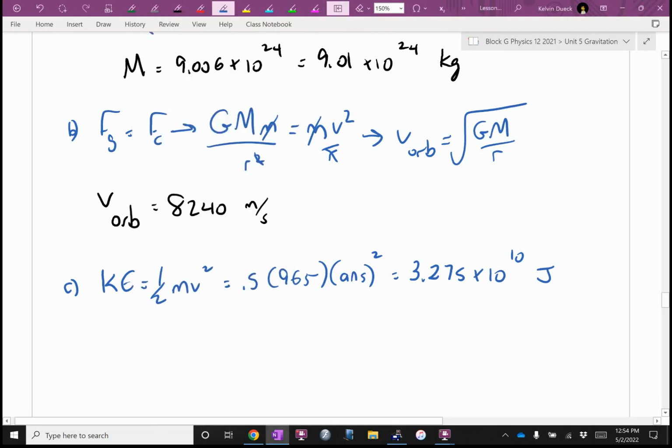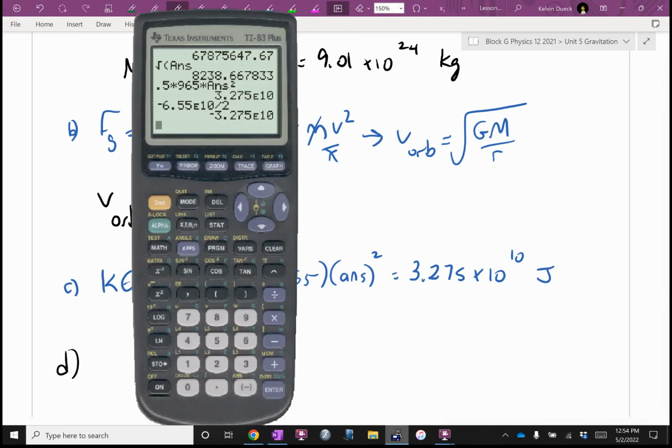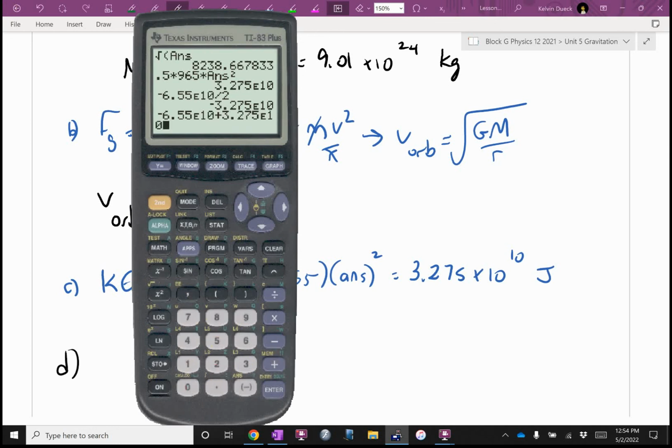Ooh, what's D asking me to find, Kai? Total energy is going to be add the potential plus the kinetic. So if I add the potential, negative 6.55 times 10 to the 10th, plus 3.275 times 10 to the 10th. Hey, you know what? I get the same thing, because we also said the total energy is half of the potential, but negative.